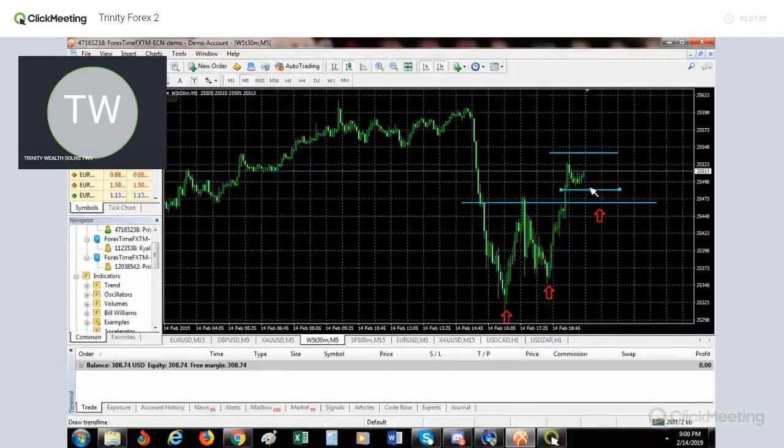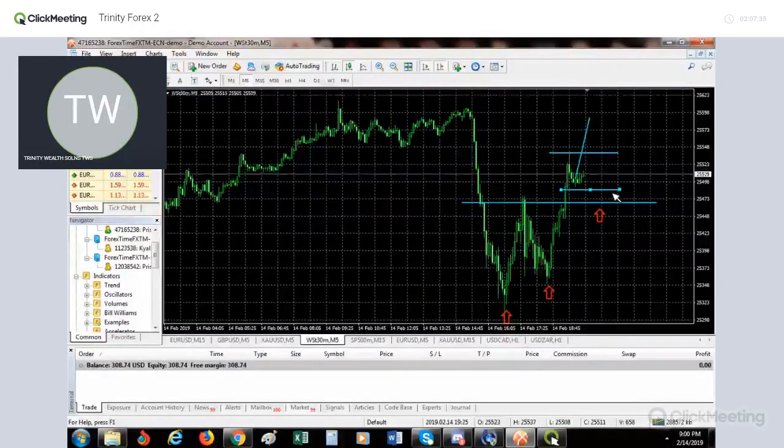If it goes past the high where I've drawn my line, it should move from another high here. And if it retraces, it should not come past where my stop loss is. That's what I call trailing using structure.